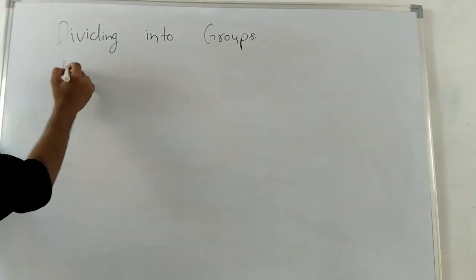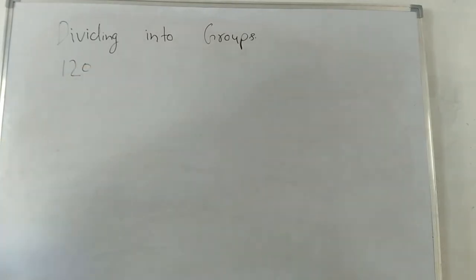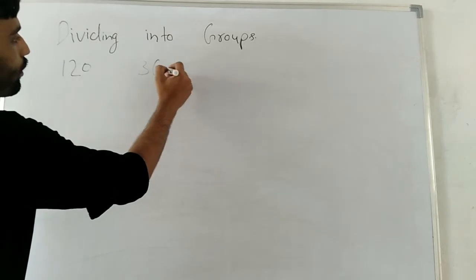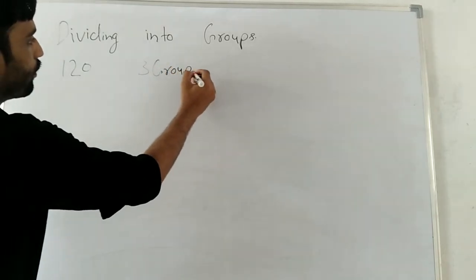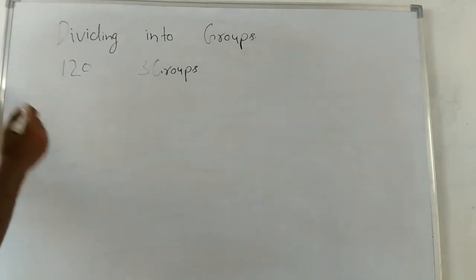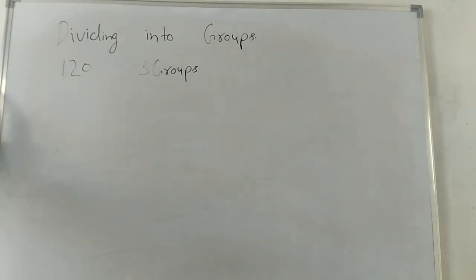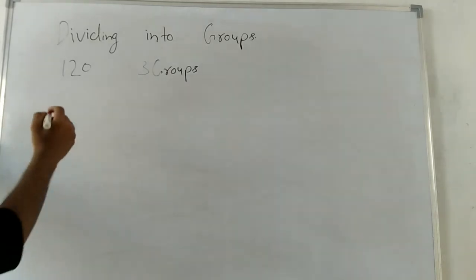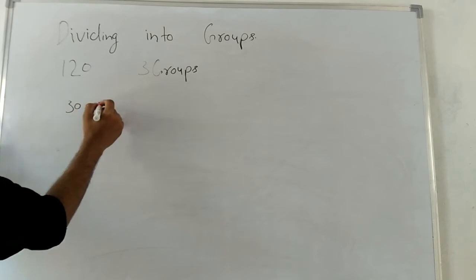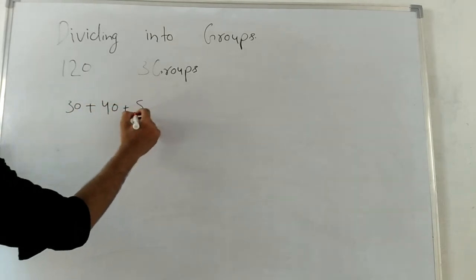We have 120 students and we want to divide them into 3 groups. So in the first question, I will divide them into unequal groups, meaning I will divide them into 30 plus 40 plus 50 groups.